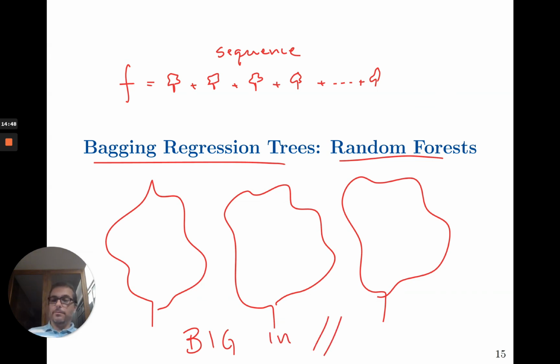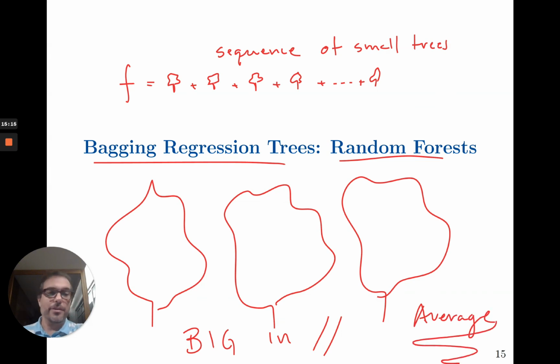Here is a sequence of bushes, those very small trees. With bagging, we are going to put a lot of big trees in parallel. And instead of taking the sum, we are going to take the average. That's what we are going to do.